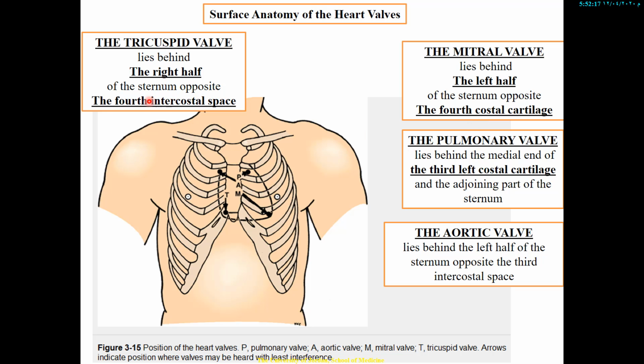So if you look at them here, one on the left side, one on the right side, the fourth costal cartilage. The pulmonary valve lies behind the medial end of the third left costal cartilage, and the aortic valve.